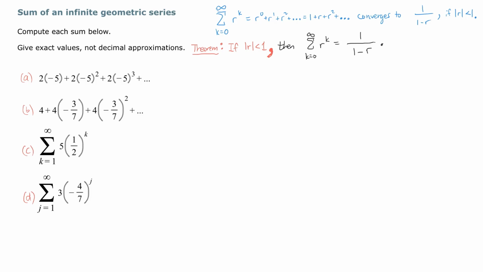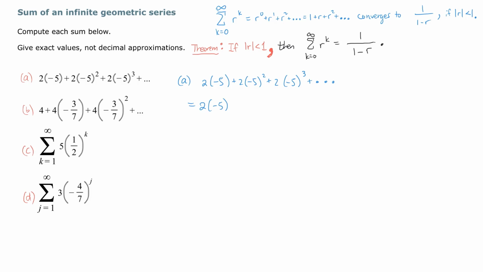We're going to use this formula to figure out the sums in A, B, C, and D. Let's start with example A. I'm just going to start off by copying the problem again. And I can see that there is a common factor, and that common factor is 2 times negative 5.